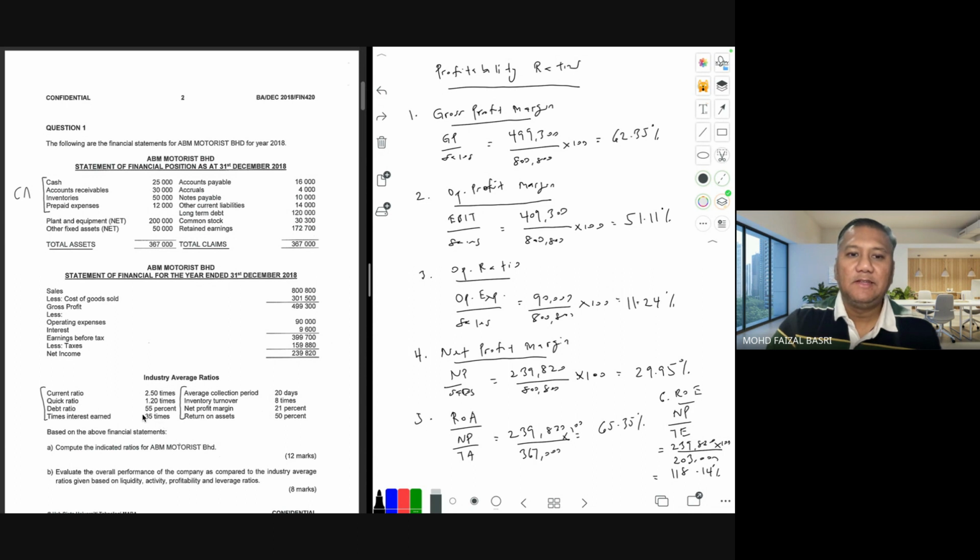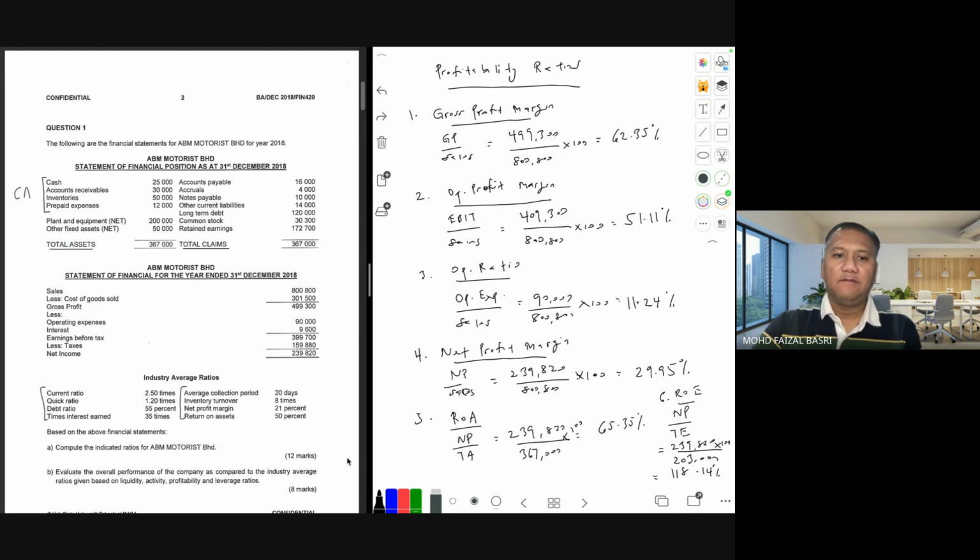Okay, so in order to get the full marks, you have to calculate correctly, macam yang I tunjuk ni, semua calculation for 12 marks, and then you have to comment ataupun evaluate each and every ratio yang ada ni. Okay, maknanya 4 kategori tadi. Right, so ada 8 ratio, so ada 8 markah. So technically, for each ratio yang you comment, will give you 1 mark. Ni masa final exam masa itulah.